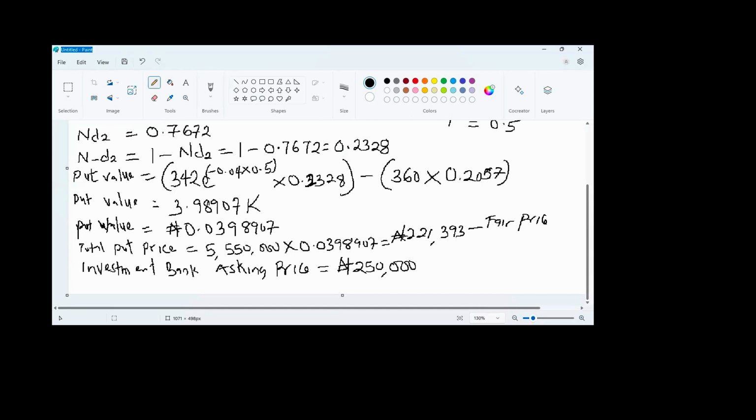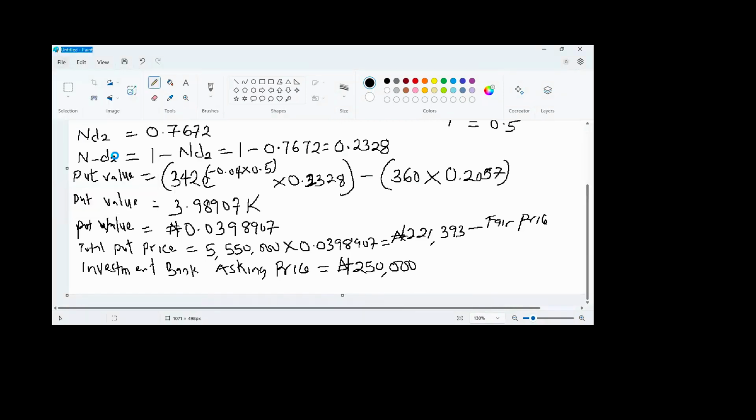Is the price the merchant bank is charging you to come and pay for this put option a fair price? That was the question the examiner says you answer. The appropriate response is no. The price the merchant bank is charging is not a fair price.